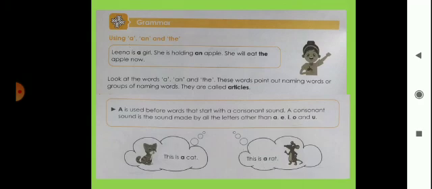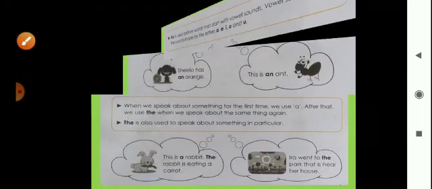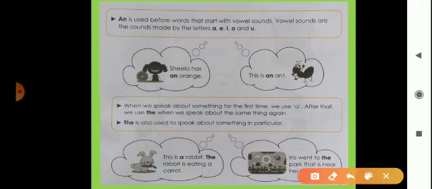Okay. Now we will see when we use an. So look here. An is used before words that start with a vowel sound. Vowel sounds are the sounds made by the letters A, E, I, O, U. These are the vowels, and we use an when the word starts with a vowel sound.